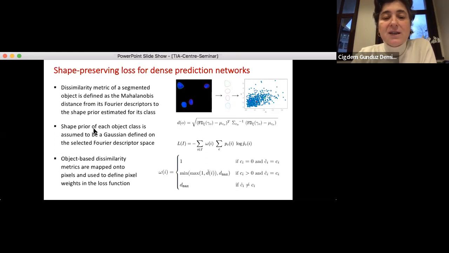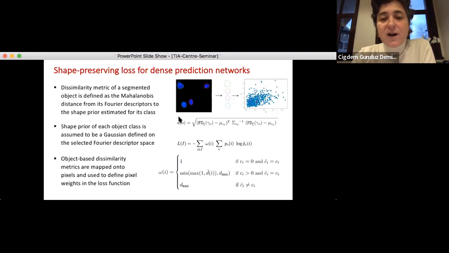We did the estimations of the mean vector and the covariance matrix on the ground truth objects of the training set. This gives us the dissimilarity metric, so we want to minimize it.